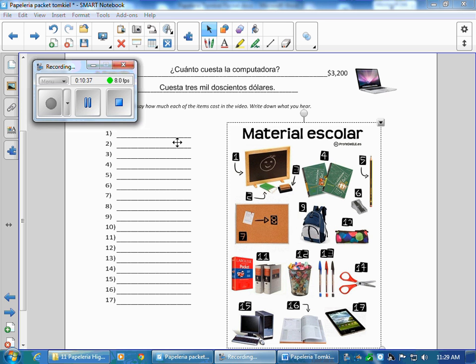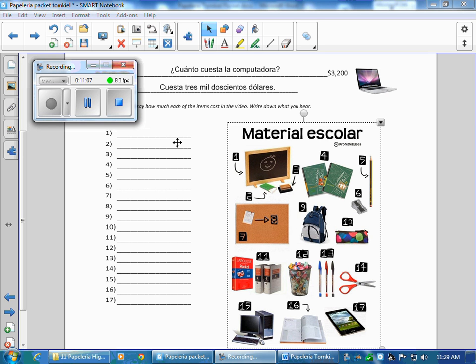So, número uno. Cuesta $5. Número 2. Cuesta $3 con 10 centavos. Número 3. Cuesta $1.50.